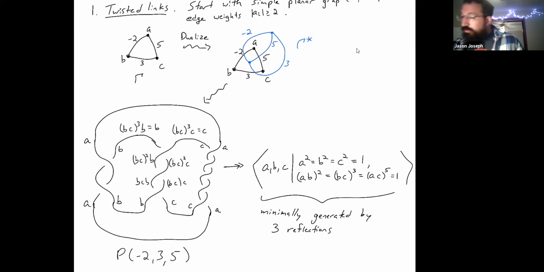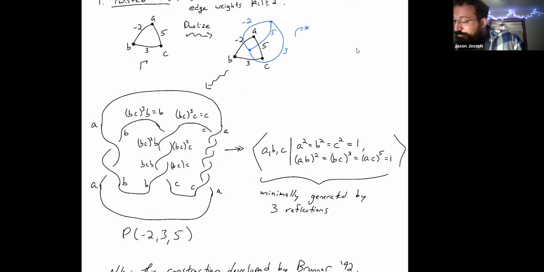And so in general, it'll be the number of generators in this specific kind of presentation coming from this kind of graph. So that means you have a surjection like this, your meridional rank is at least 3.